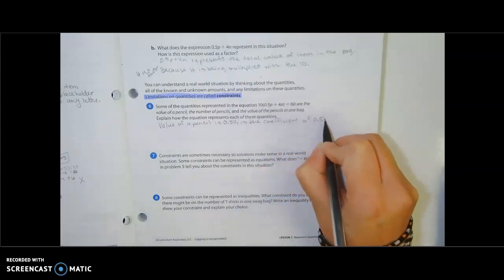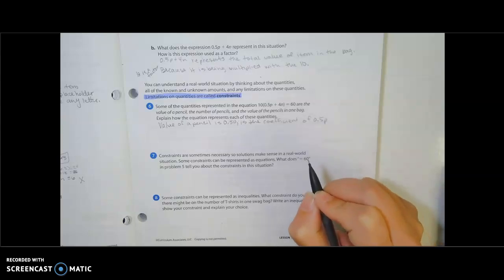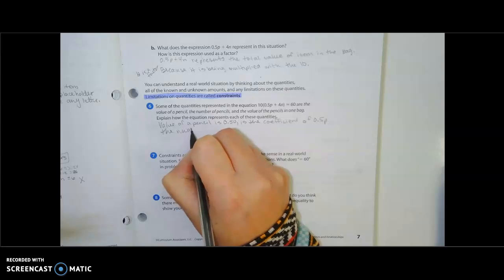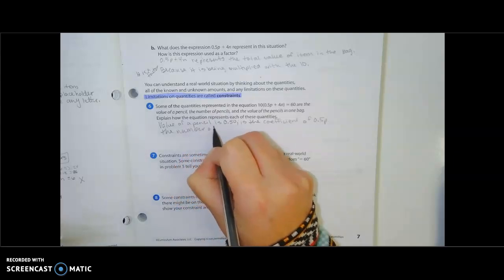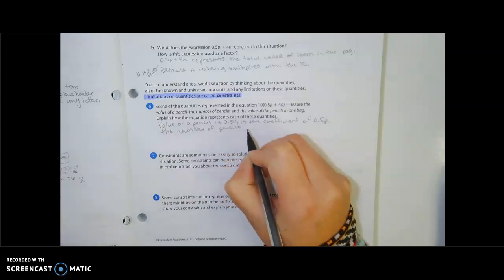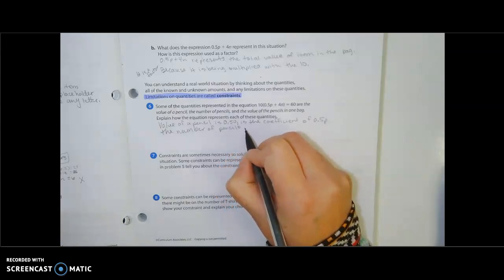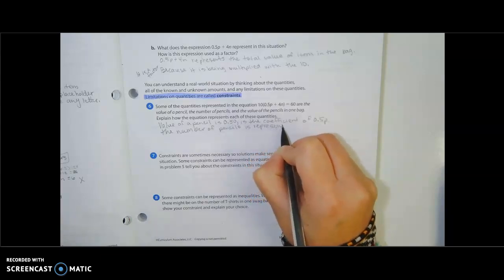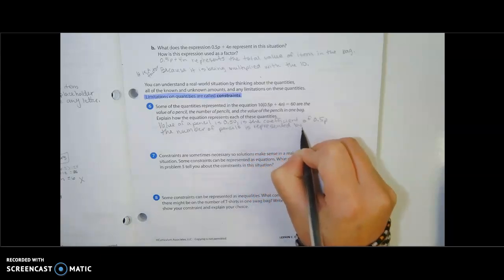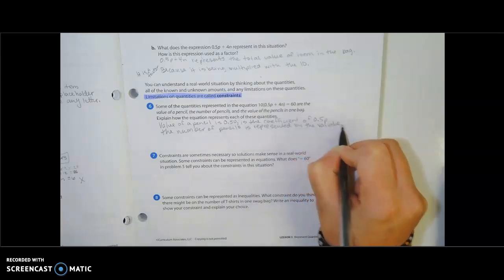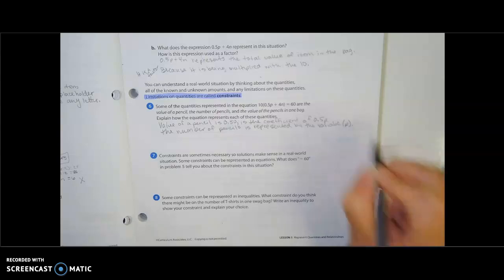Of 0.5p. The number of pencils is represented by the variable p.